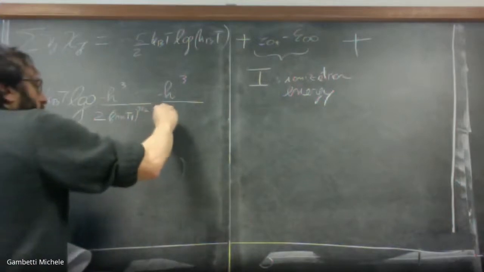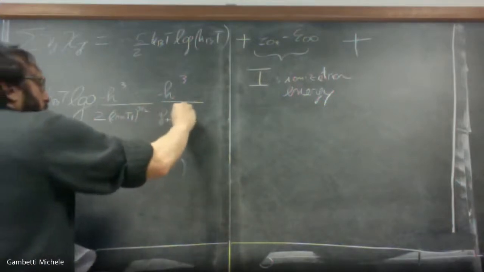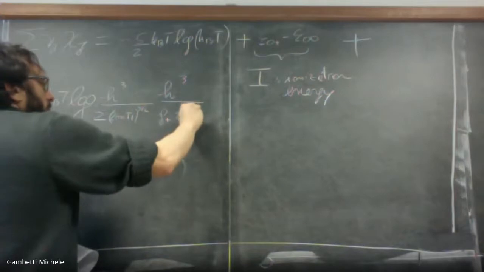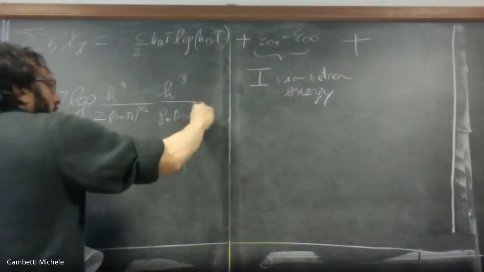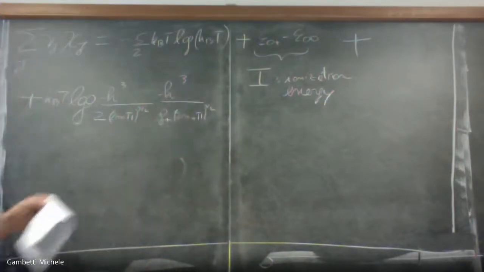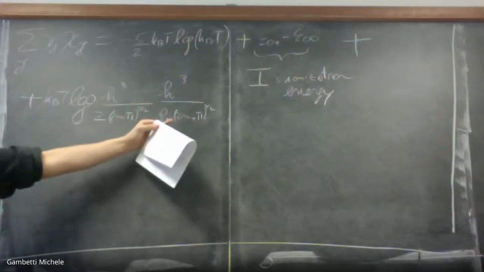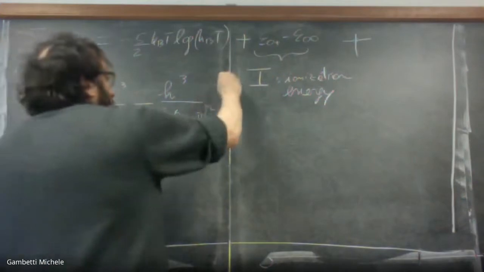So there will be a g plus and 2m plus pi to the power of 3/2. This is for the ion, whereas for the neutral atom I will have a G0.